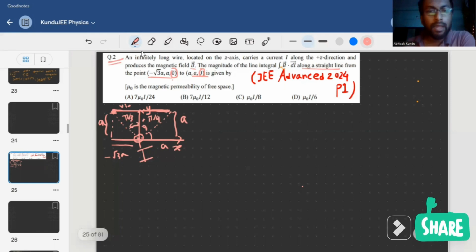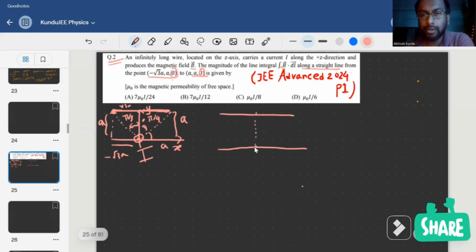Now, if the current is flowing directly outward, we will draw a fresh diagram. Now that we have understood the problem, it will be easy to visualize. This is the origin, and I is flowing outward from the board. Let us assume an arbitrary point here, making angle theta with the y-axis.